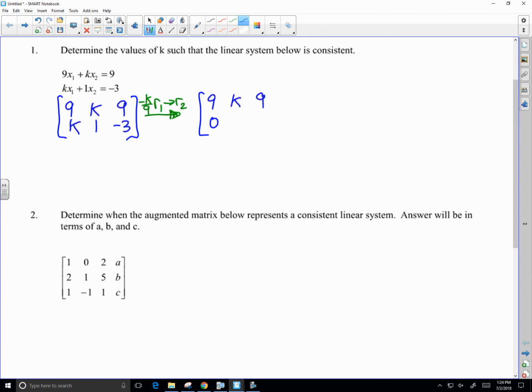So negative K squared over 9 plus 1. Now the other guy is the same kind as that number, so this is going to become negative K. Negative K plus negative 3, so negative K minus 3.